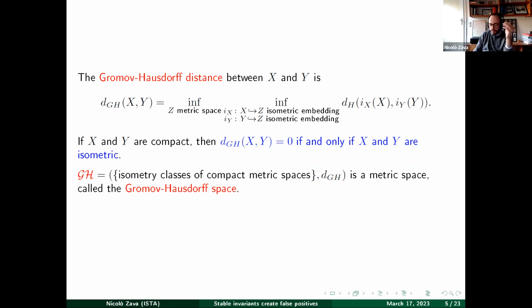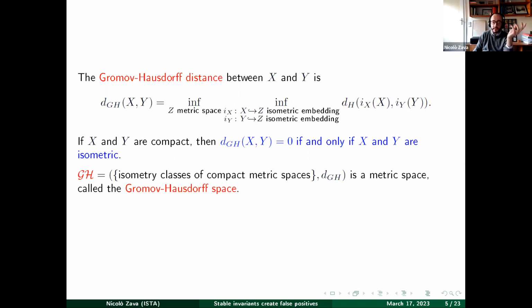The initial interest in this metric was due to comparing metric structures from the topological point of view, especially Riemannian metric structures on a manifold. That's the reason why it was introduced by Edwards and rediscovered by Gromov.